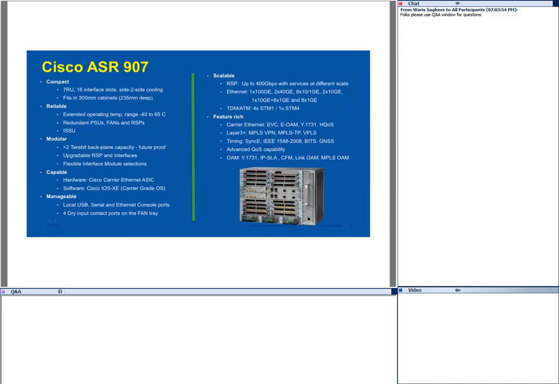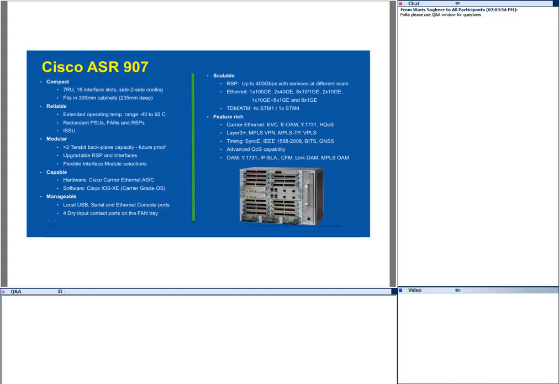Okay, now focusing on the 907 platform, right? So it's a 7RU, and I'm going to just go through some of the important information here. I've already highlighted some of it. So like I mentioned before, 902, 903, 907, when you focus on the last number, the last number actually tells you how big or how tall the platform is, right?